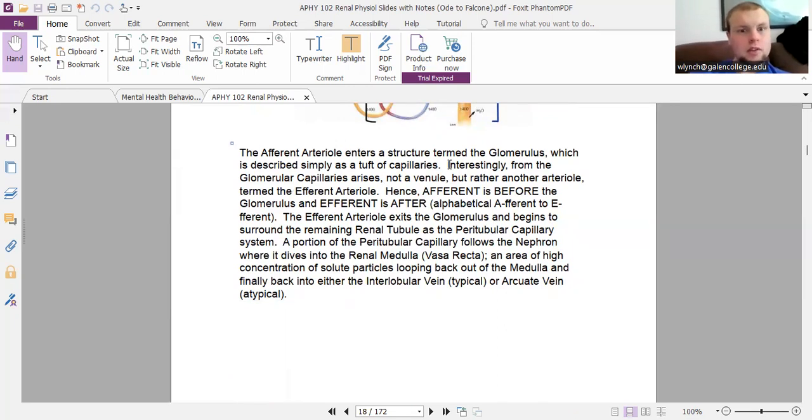So afferent first into the glomerulus, efferent after once we leave the glomerulus. A portion of the peritubular capillaries are going to follow the nephron, and this is known as the vasa recta, as I saw in the image here. Again, this is an area of high solute particle concentrations that is going to loop down with the loop of Henle and back up into the interlobular vein.